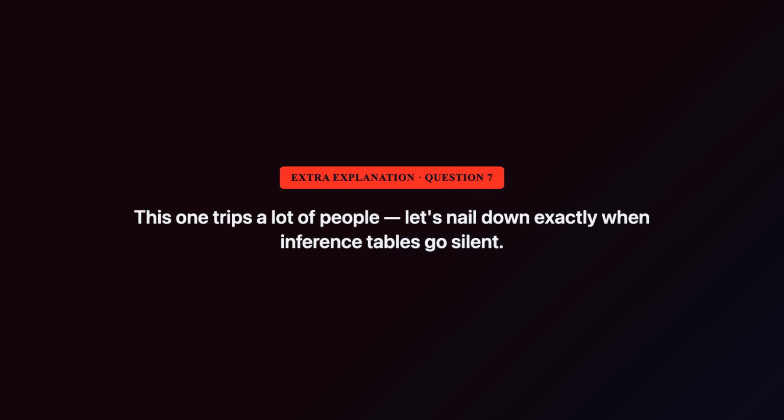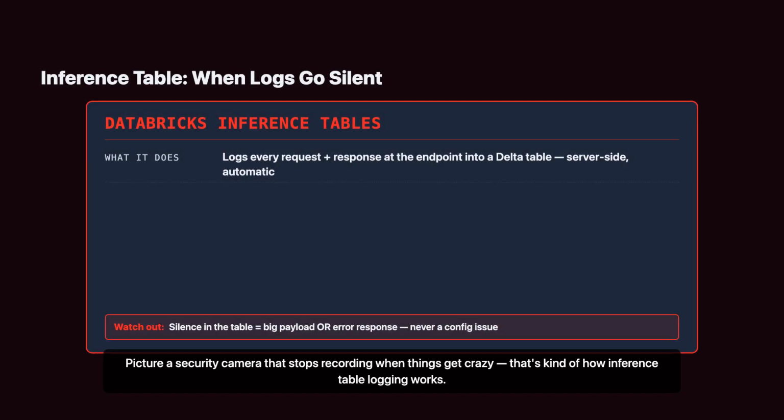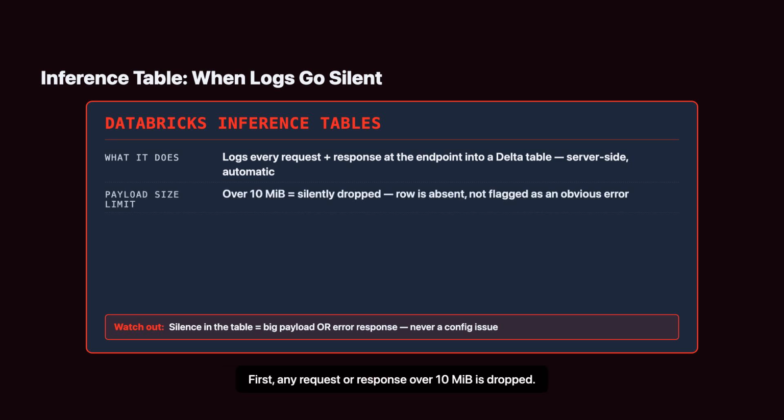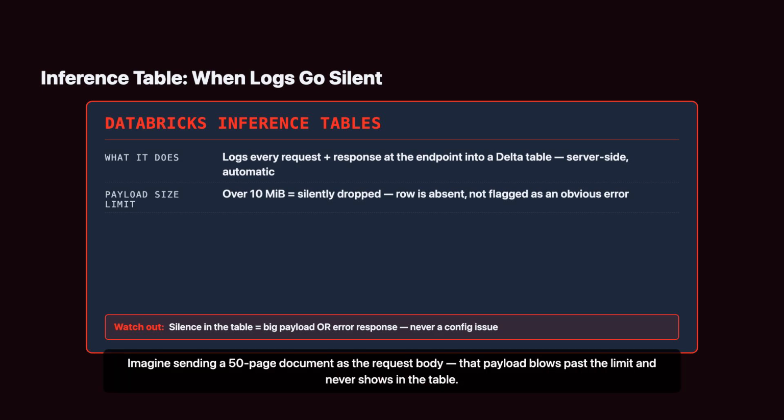This one trips a lot of people. Let's nail down exactly when inference tables go silent. Picture a security camera that stops recording when things get crazy. That's kind of how inference table logging works. It captures most traffic, but two situations create silent gaps. First, any request or response over 10 MB is dropped. Imagine sending a 50-page document as the request body.